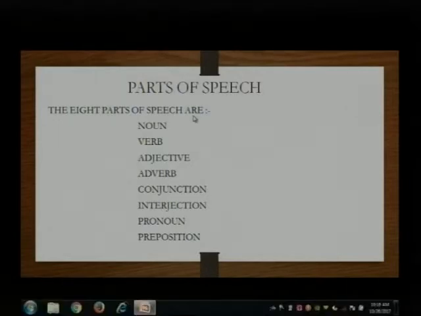So these are the 8 parts of speech which are very important while you're learning.